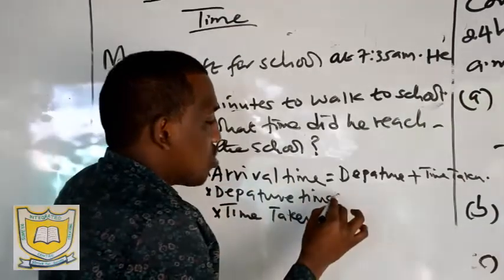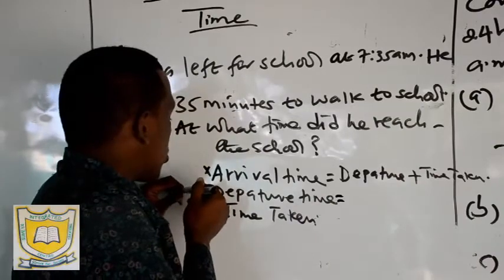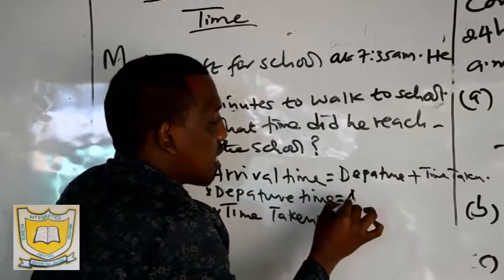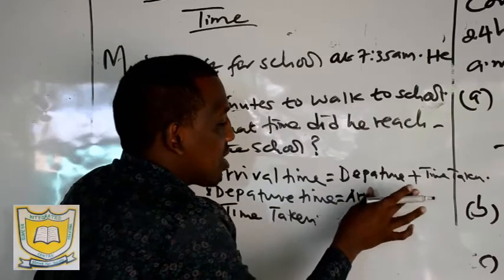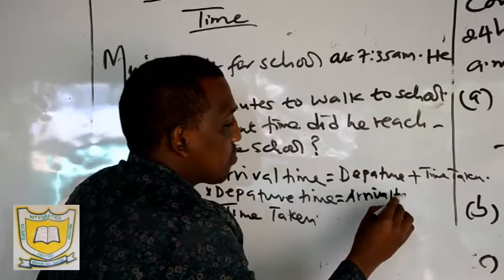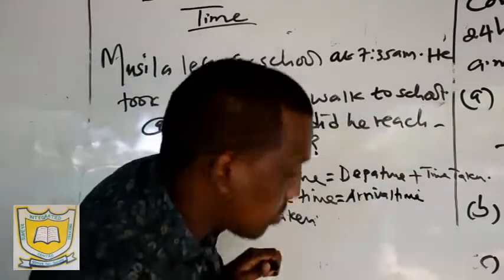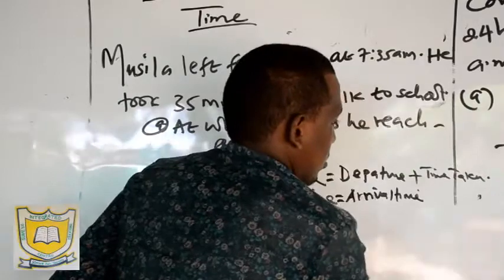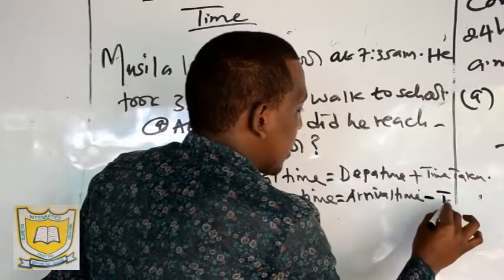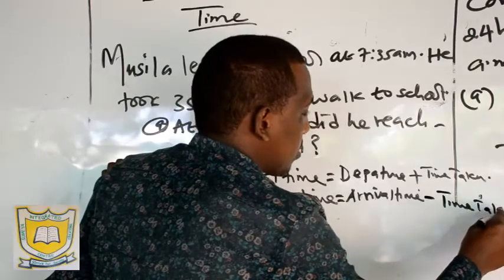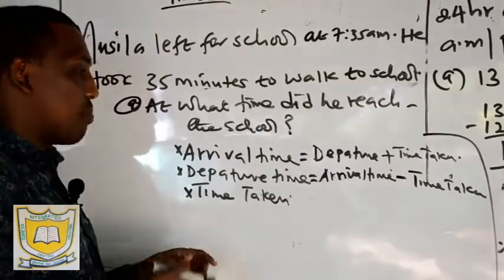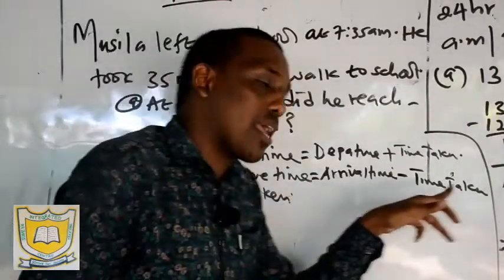How do we get departure time, the time you have left? Departure time is equal to arrival time minus time taken.